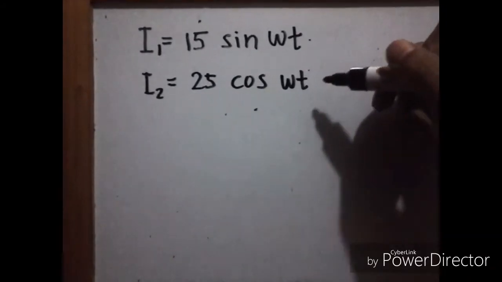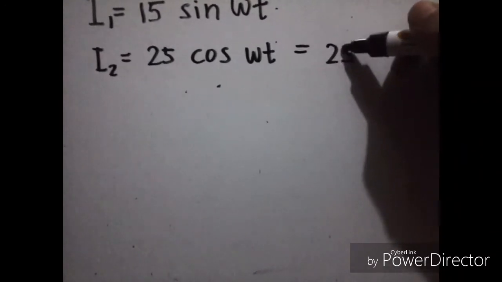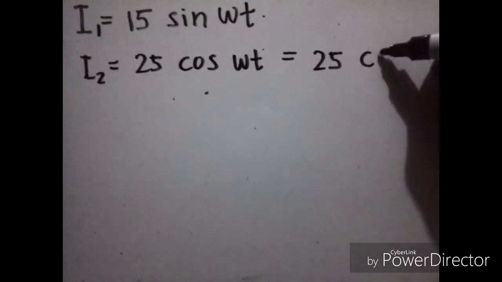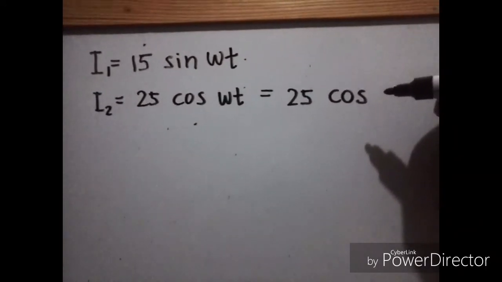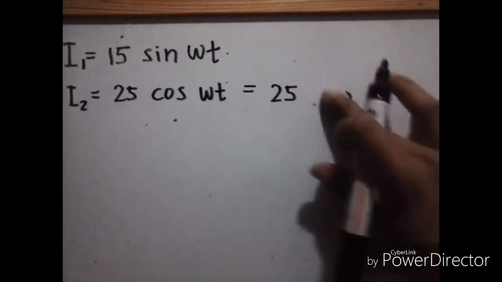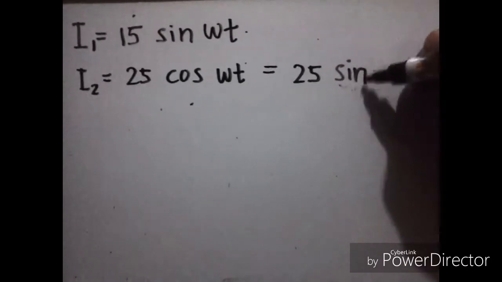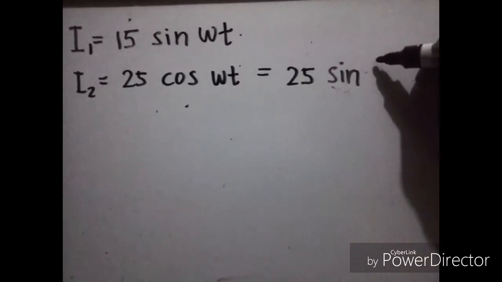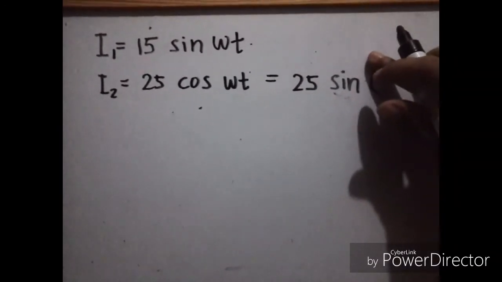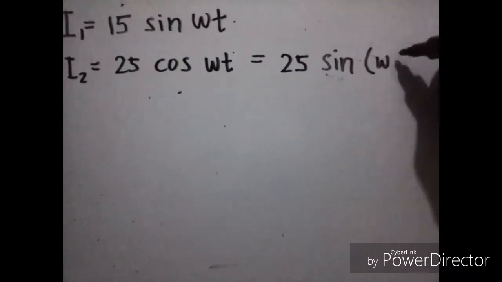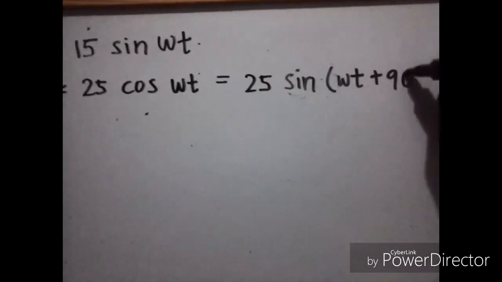In our trigonometry, 25 cosine omega t is equal to 25 sine omega t plus 90.